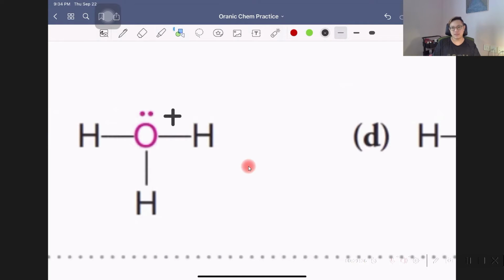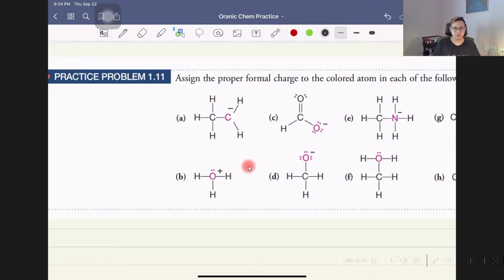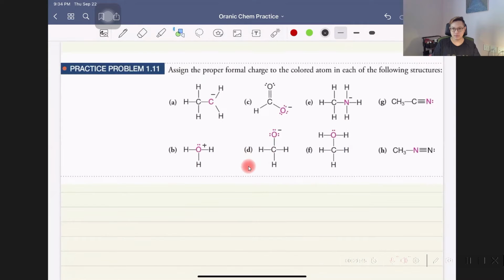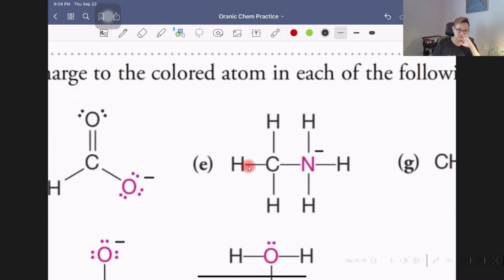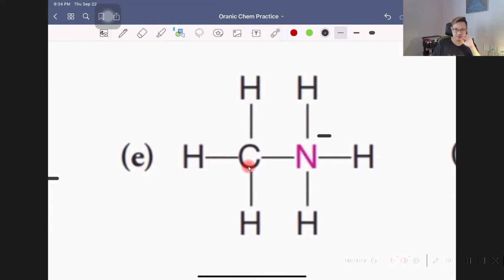You might want to look at the exercise again. I mean E, this one. Yeah, 5 minus 4, and then oh yeah, it's plus 1, not minus.